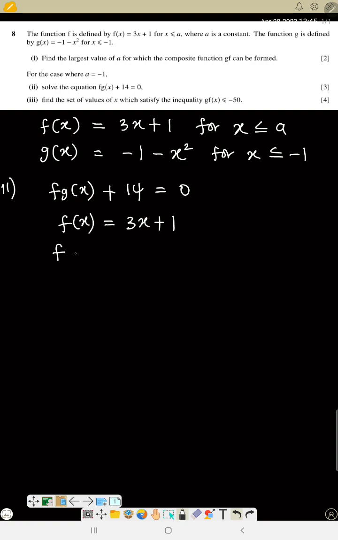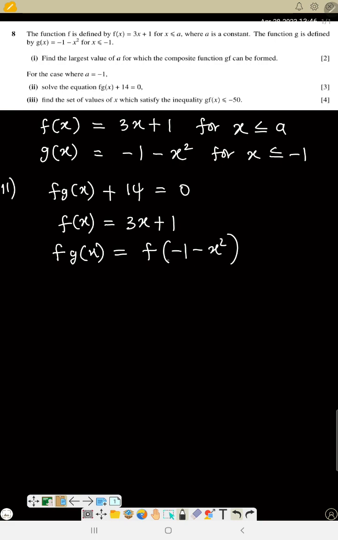So fg of s now, it means g of s is inside f of s. So fg of s will be like f. Now what is g of s? So g of s is all this value. So fg of s is f of minus 1 minus s squared. So that is fg of s.